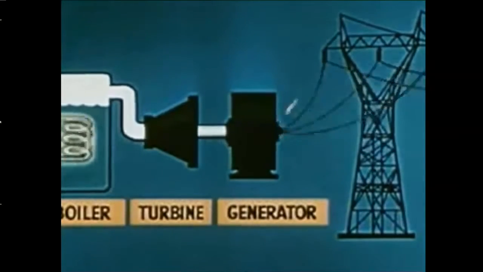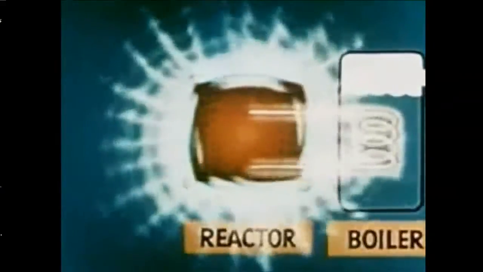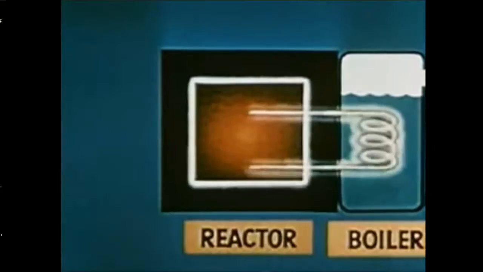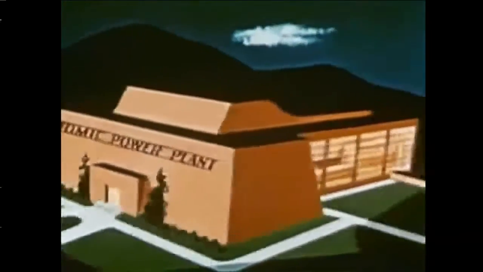But such uses in the foreseeable future are limited. For one thing, a reactor pile must be shielded to protect the workers around it from dangerous radiation, and this shielding adds tremendous weight. However, an atomic energy power plant has already proved feasible.